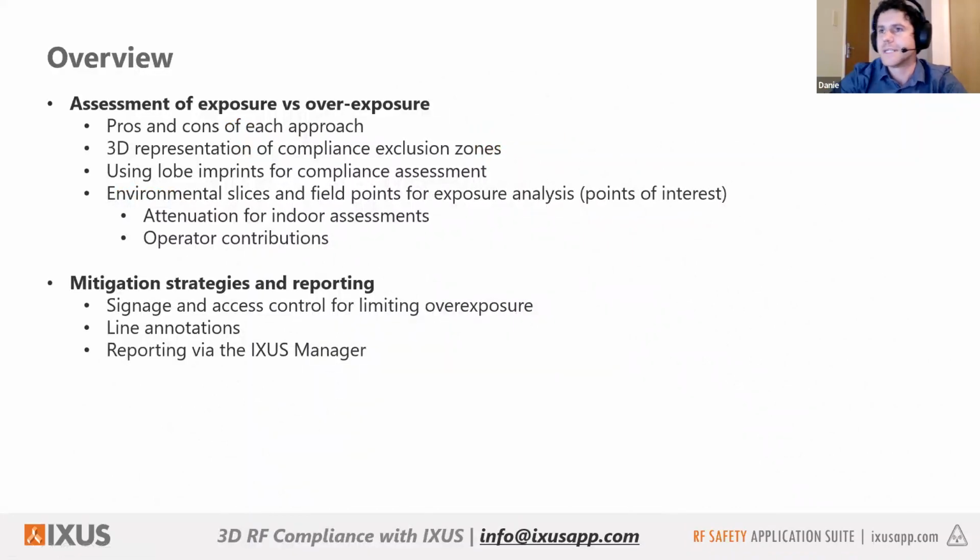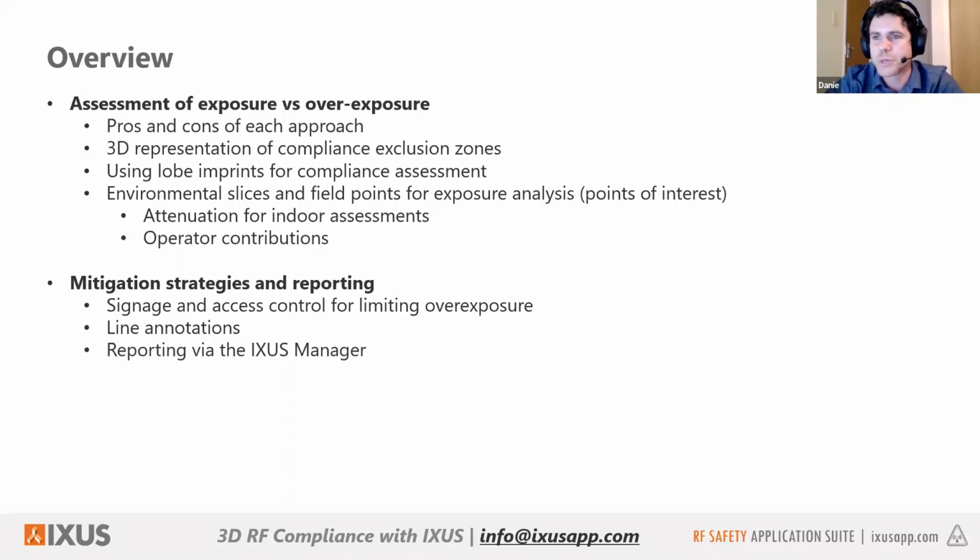Just a quick overview of the topics that I'll be discussing. I'm going to start with the question of assessment of exposure versus assessment of overexposure. Those two topics might seem like the same thing, but it's a bit of a different approach.